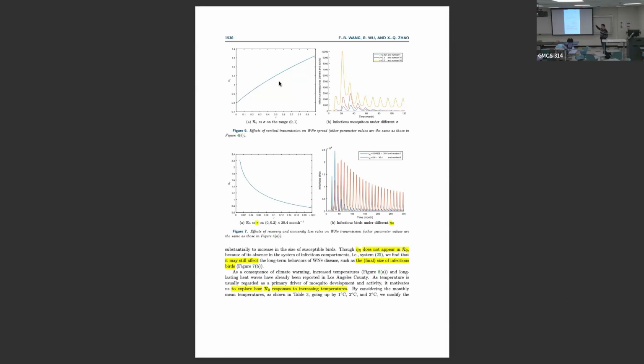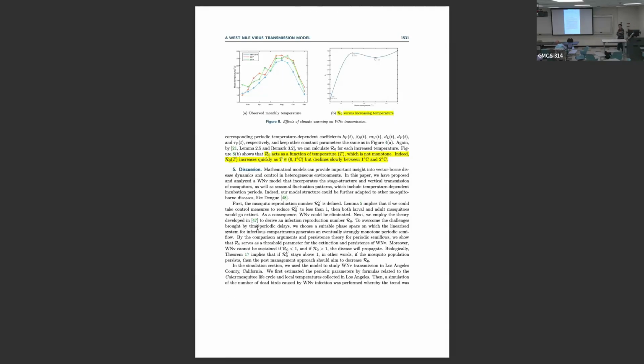More vertical transmission, then more risk. And the other one represents the recovery rate of the bird. If the recovery rate increases, then the reproduction number decreases. So it makes sense.